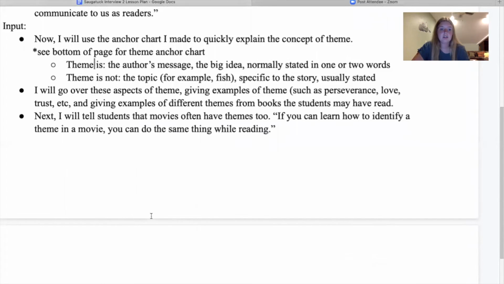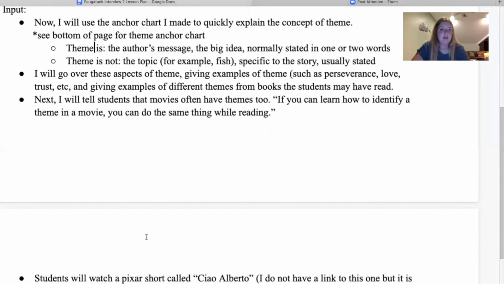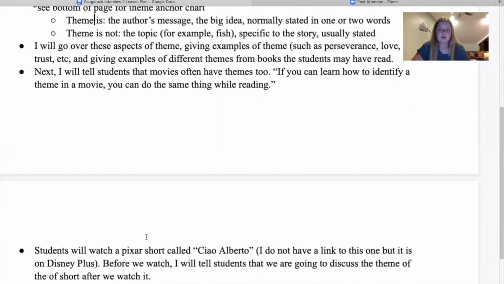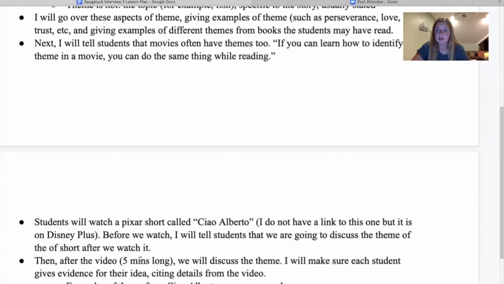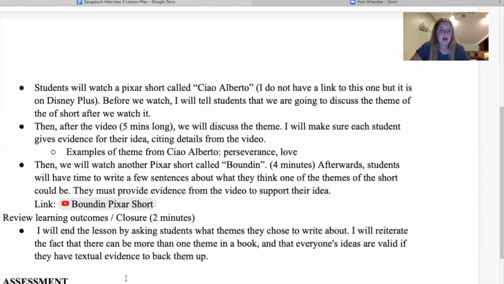Then I'll transition into watching the Pixar shorts by explaining that movies often have themes too. If you can learn how to identify a theme in a movie, you can do the same thing while reading. I would tell them that before we start watching. Then I would play the short.